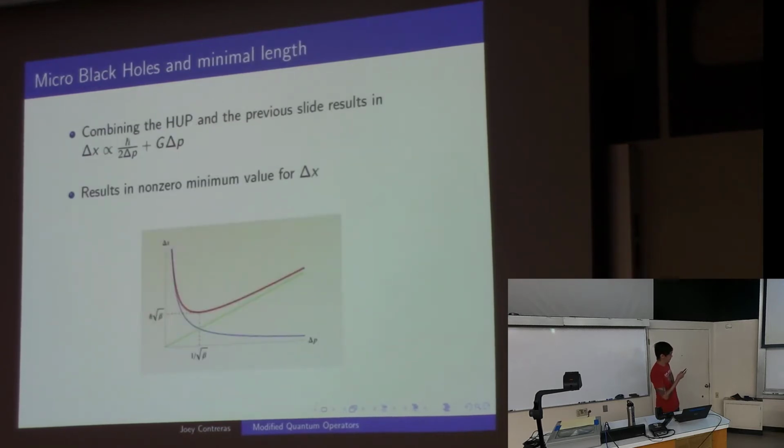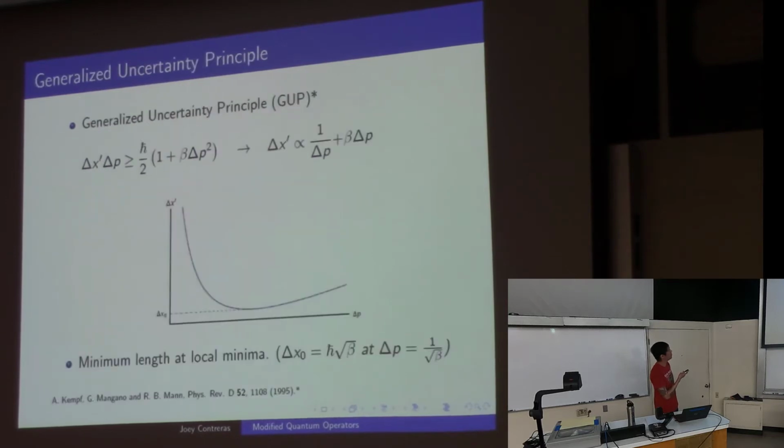Seem familiar? So, we have another way of getting this curve, a more general way, and it all follows from this idea of modifying operators or modifying the commutation relation. So just to point out, the minimal length will be at this local minimum right here.